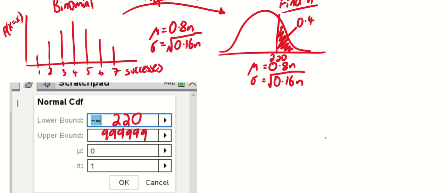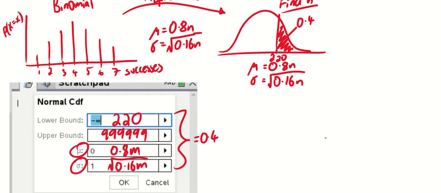Normally just six nines is enough for infinity. But we don't know the mean or the standard deviation. That's fine. We're just going to put 0.8m and the square root of 0.16m in there, and we want all of this to equal 0.4.